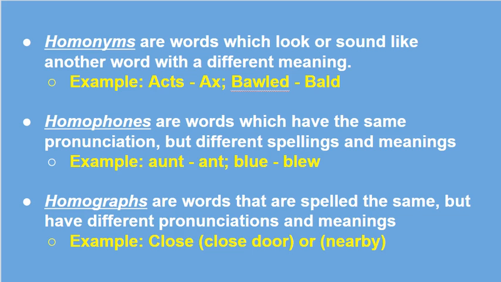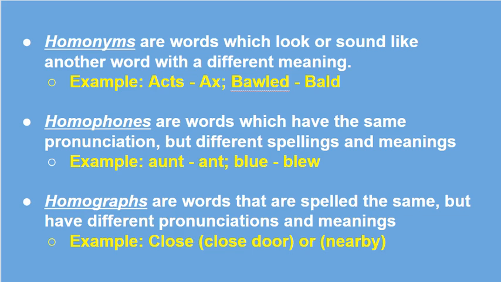For example, axe. Can you tell what I'm saying? Am I saying the word acts, like he acts like a big boy? Or if I'm saying the word axe, grab my axe and let's chop down a tree. They sound the same, but they have completely different meanings.